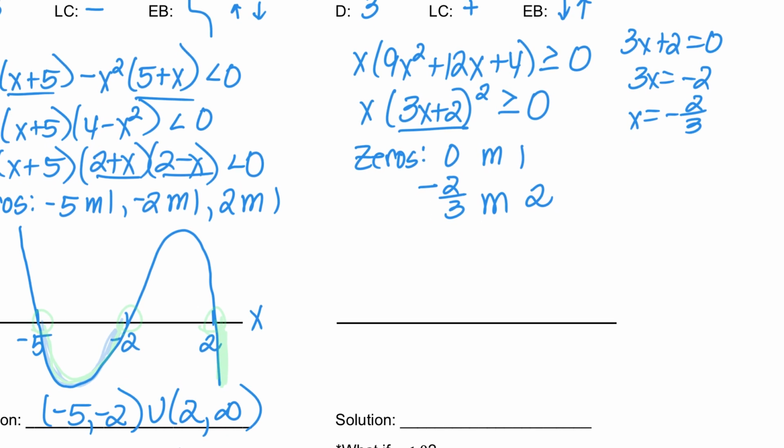Okay, so let's put those two zeros on your graph, at -2/3, and then at 0. And it goes down to the left and up to the right. So I'm going to come up here. It's going to bounce at -2/3 since the multiplicity is 2. Then it goes up like this.